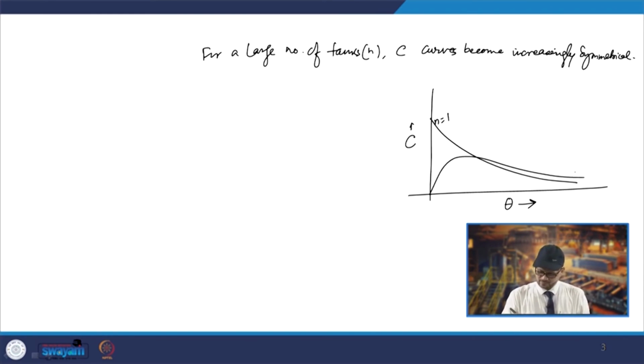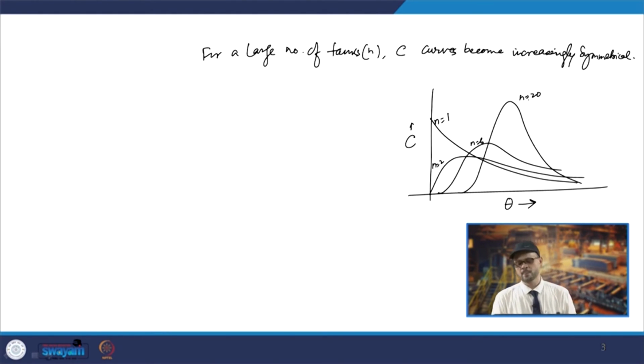Similarly, if you have n equal to 6, it may go like this, and if you have n equal to 20, it will move like this. So this is n equal to 2, this is n equal to 6, this is n equal to 20. This has been reported in the literature.